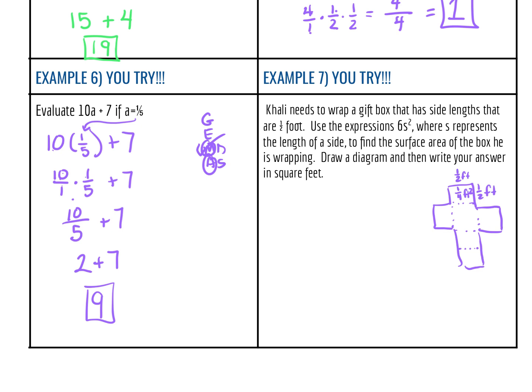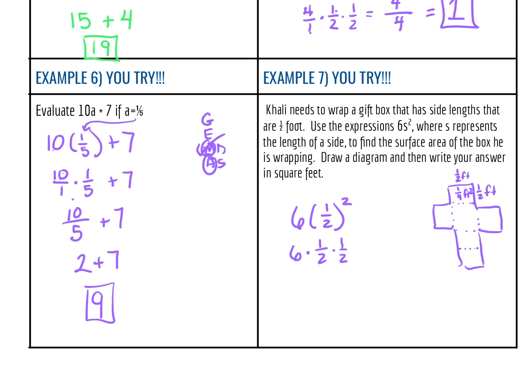All right, you should have labeled 1/2 foot by 1/2 foot, and then this should have gotten you 1/4 of a foot squared. Now each one is 1/4 foot squared, so I'd have 6 of them. That's why it's multiplied by 6. So I'm going to go ahead and input this into the formula. So I have 6 times s squared, which is 1/2 squared, which is 1/2 times 1/2 times 6.